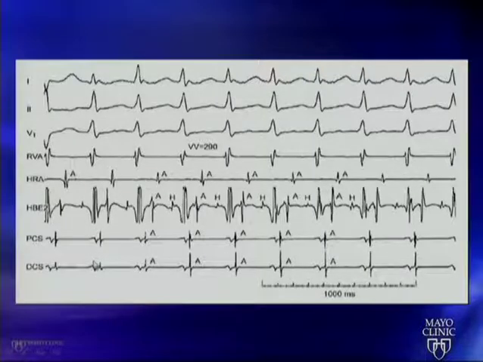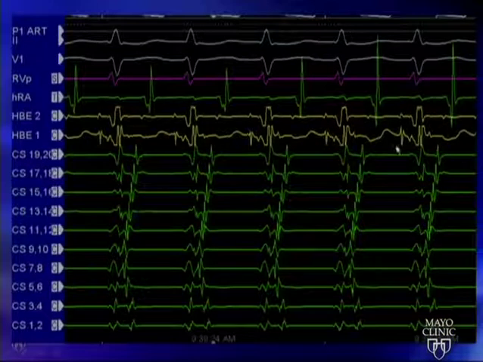But way out deep in the coronary sinus, you have the earliest atrial electrogram. So how are you getting from V to A? You're getting out through some connection on the left side of the heart, deep in the coronary sinus. That's an accessory pathway. This would be a patient who has a WPW-related arrhythmia. Sometimes we have a bunch of electrodes in the coronary sinus to help us pinpoint exactly where that earliest spot is.